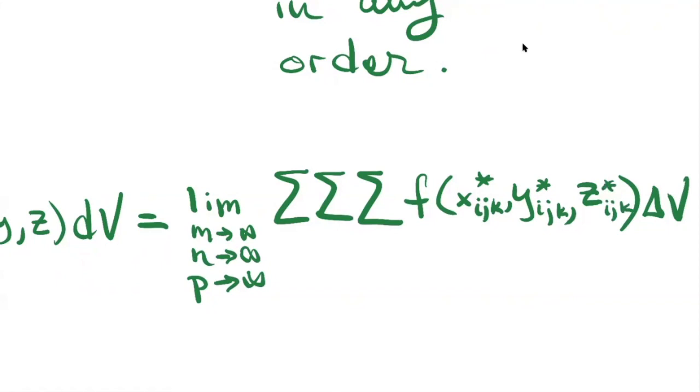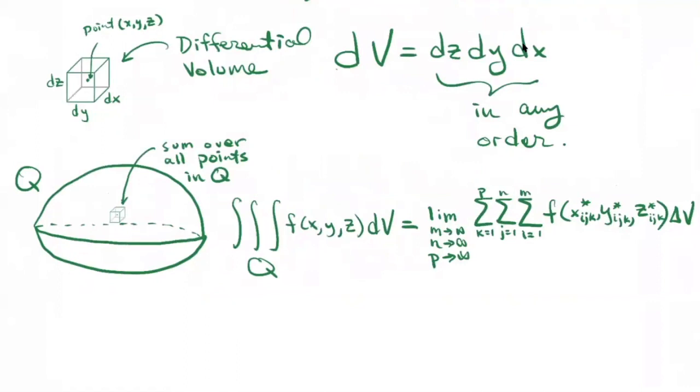I will go from 1 to m, j from 1 to n, and k from 1 to p. Like that. Without going into too much detail, that's sort of the idea of how these are defined.